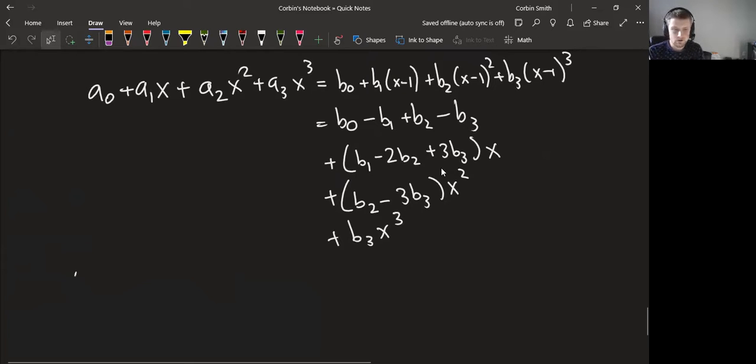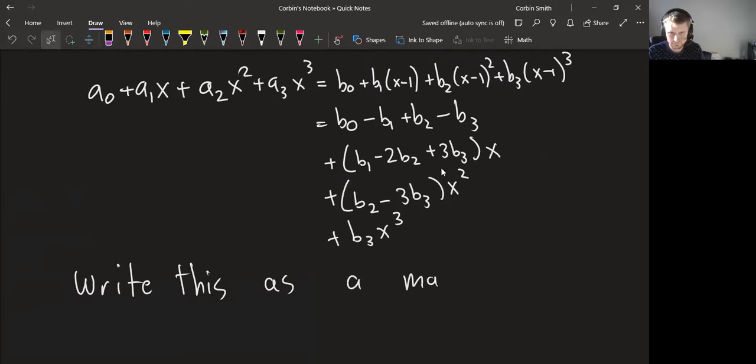I'm going to write this as a matrix equation. Since this is in the basis 1, x, x squared, x cubed, we can understand this as just the column vector a0, a1, a2, a3.